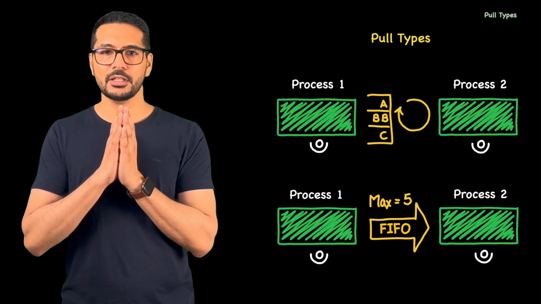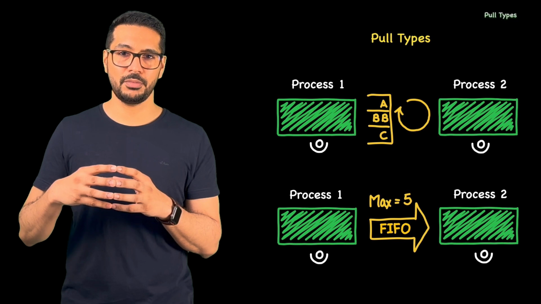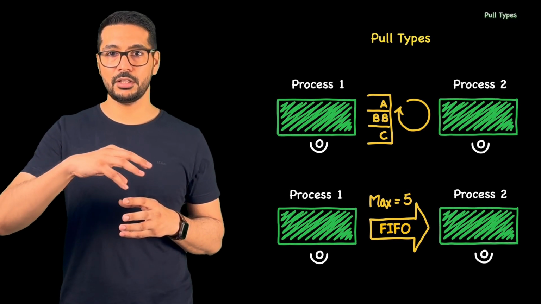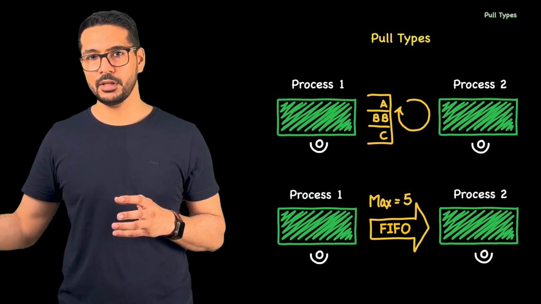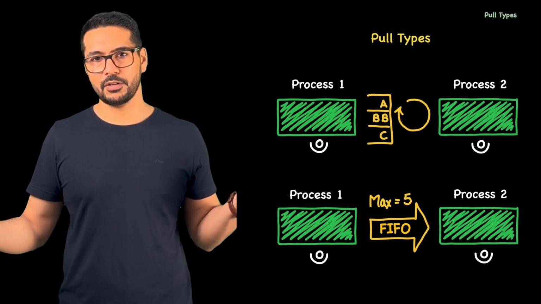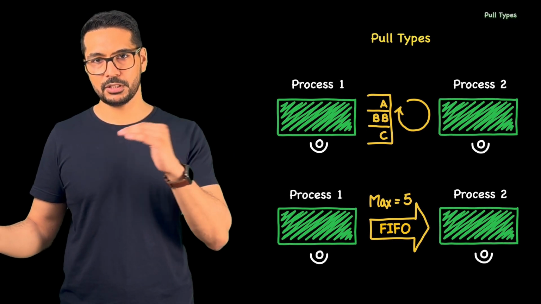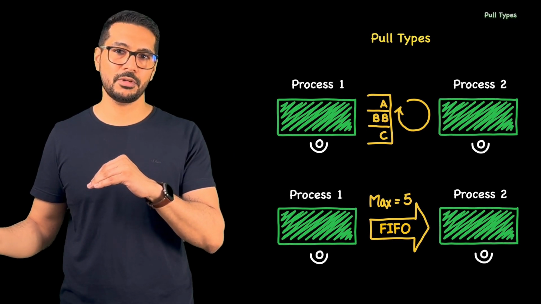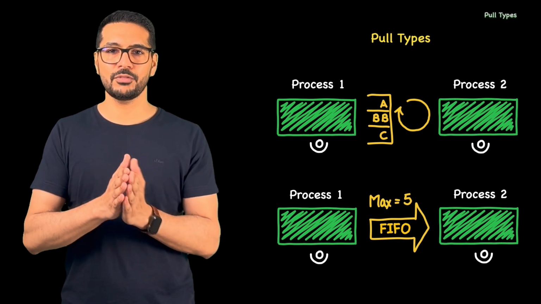So maybe here the maximum number of tasks is 5. So once process number 2 has taken either A or B or C, whatever, out of that pool, the next task or project will be worked upon and again made ready for process number 2 by process number 1. So in the middle here we have a big pool, and here we do not consider type.